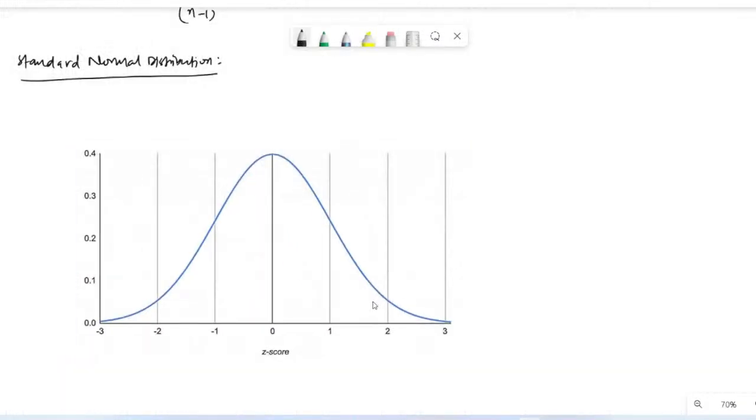And this transformation is called your Z transformation, using your Z-score formula. So how do we check it? We do it with the help of Z equals x bar minus mu upon sigma by under root of n. That's the Z-score value.